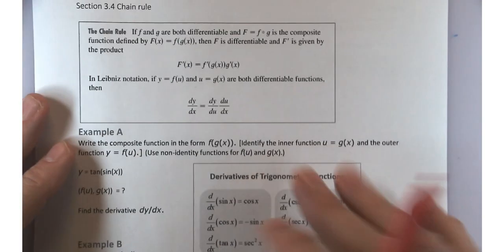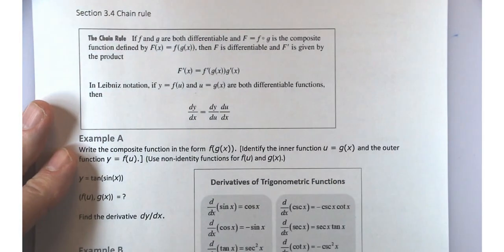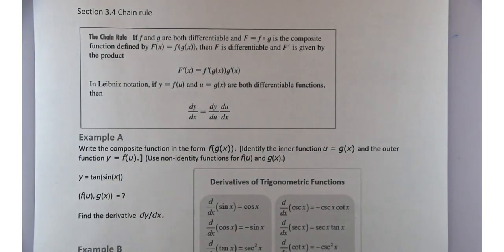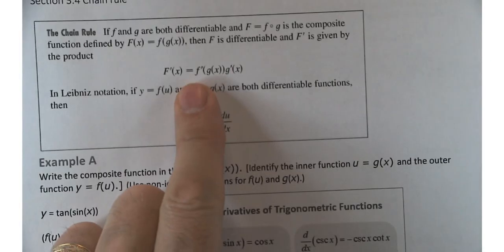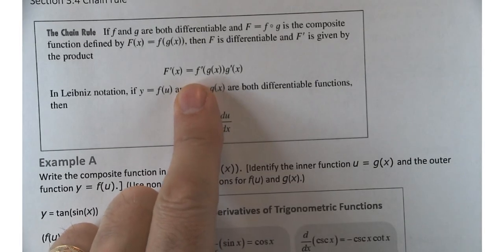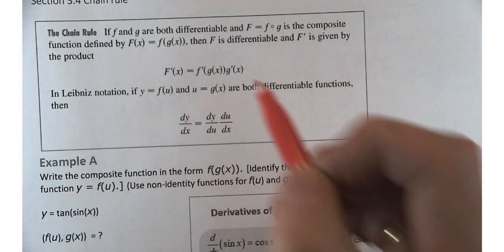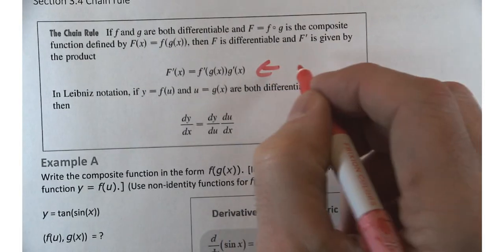So I've got the chain rule written here on your handout. Something like this. Mostly, I like to think of it like this. It's the derivative of the outside times the derivative of the inside. So that's kind of this formulation.